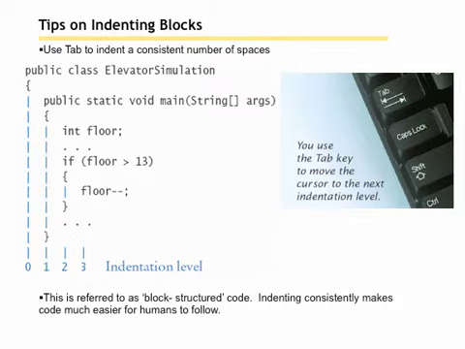Notice in this example that it's showing each successive indentation level. Our class is at indentation level 0. Our main method is at indentation level 1. Our if statement is at indentation level 2. And the body of the if statement at indentation level number 3. Those levels are unimportant, but notice that inside every open brace and closed brace, we indent to the next level.